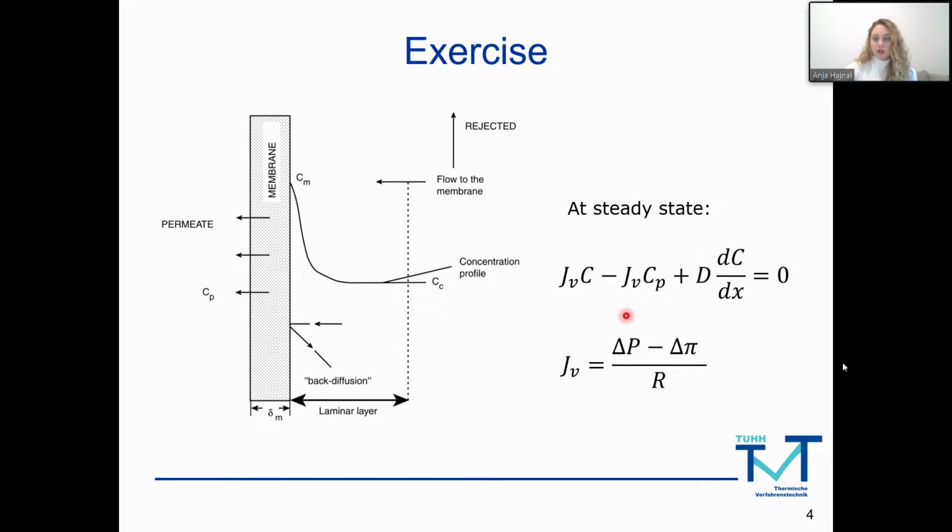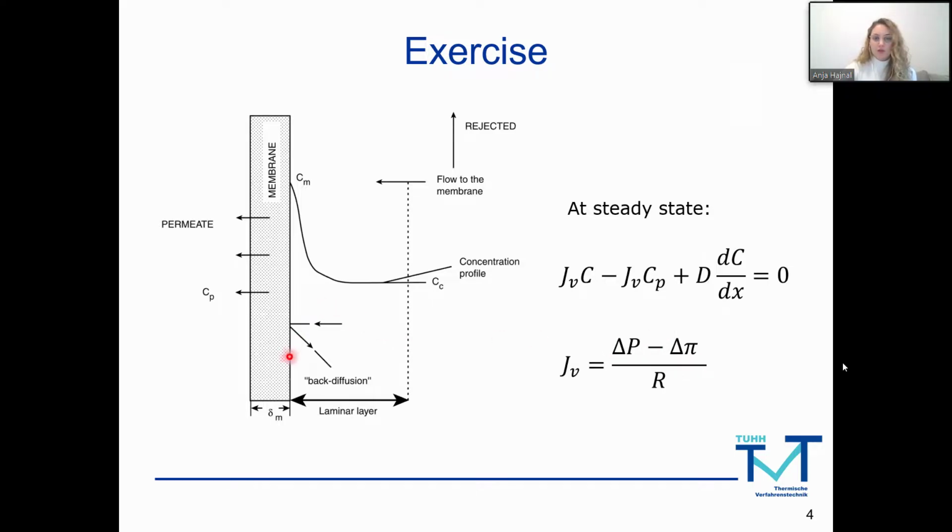So the flux through the membrane is directly proportional to the transmembrane pressure and depends on the pressure difference across the membrane.